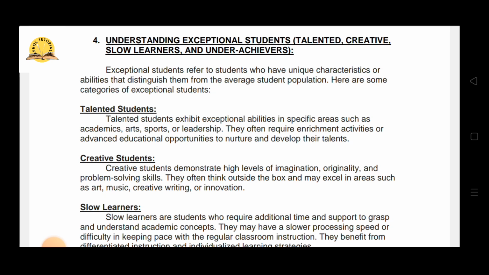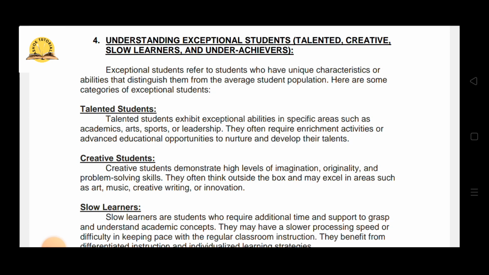So talented students means they are talented. Talented students exhibit exceptional abilities in specific areas such as academics. We cannot only say the topper of our class is talented. The talented might also be someone who is very good at arts, right? Art does not mean only drawing, it can be music as well.